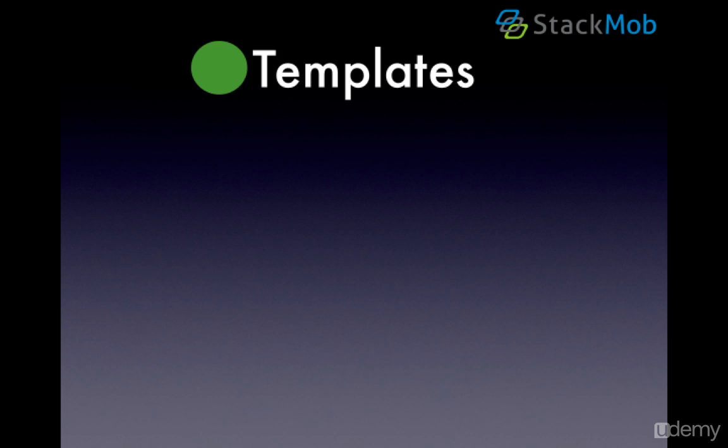Also, you can separate out your templates, which are your view, from a lot of your logic, which is based in your controller. So this is all about getting that clean separation between your views, your models, and your controllers, and templating is a really great way to do that.